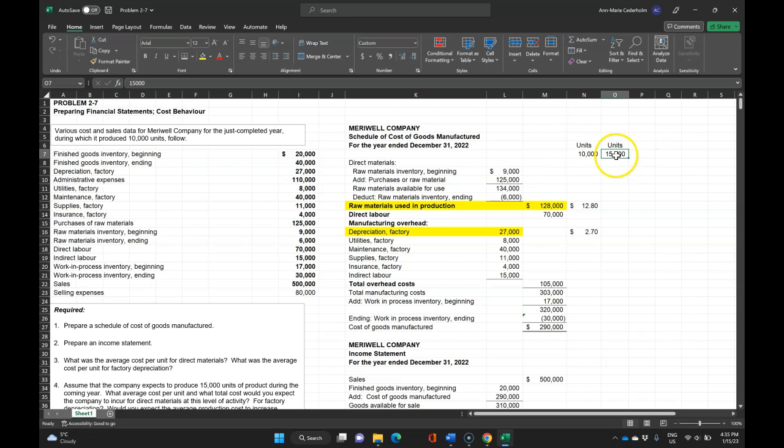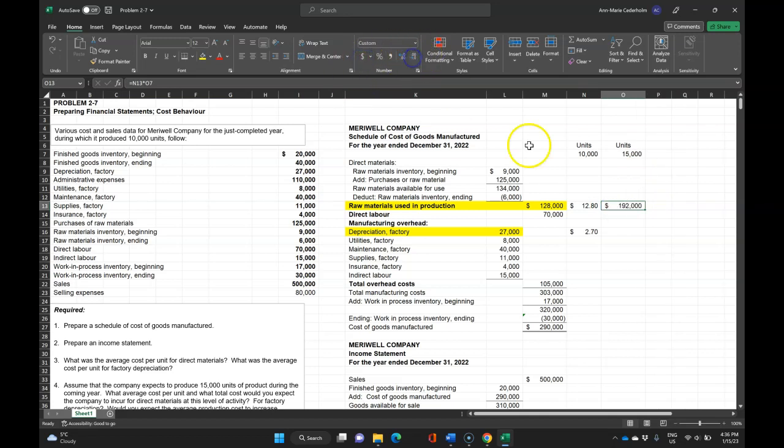So at 15,000 units for my direct materials, it's 12.80 per unit. So that won't change because that's a variable cost. So the unit cost won't change, but the total cost will. So if I multiply it by 15,000, then that comes out to $192,000.